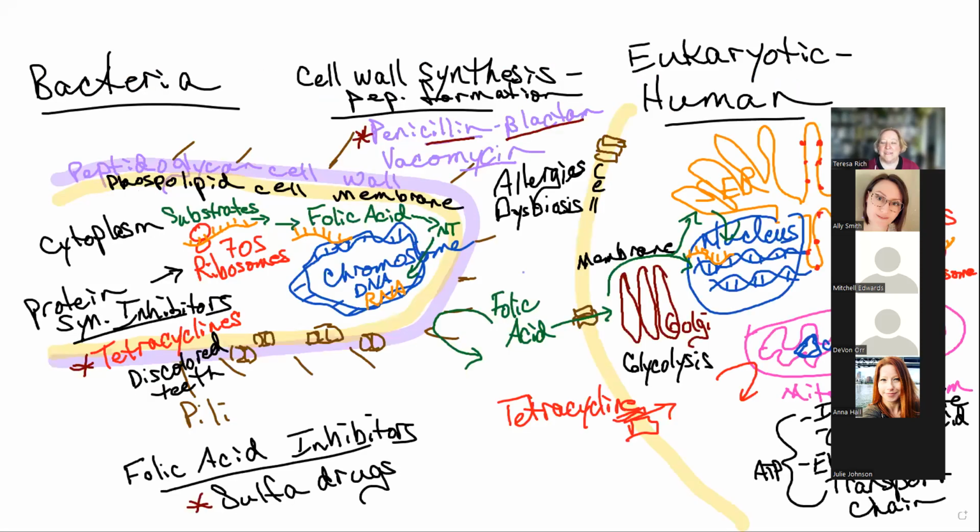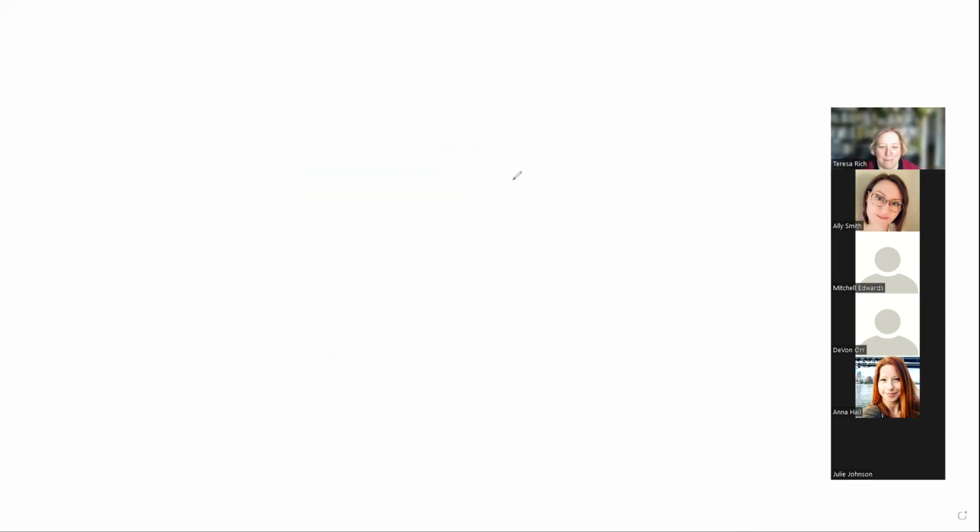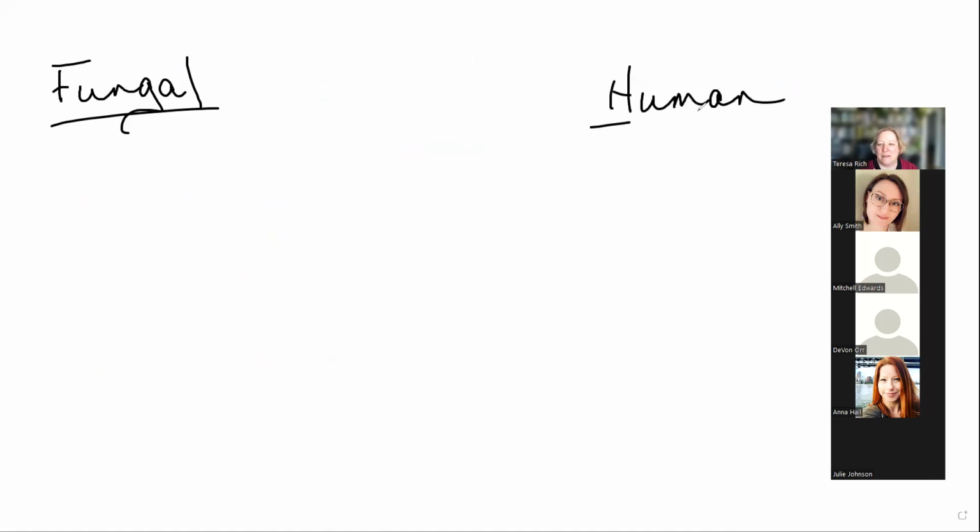All right, so I'm going to clear my drawings here, and I'm going to have you walk me through a fungal cell and a human cell. In this case, because they're both eukaryotes, humans are going to stand in for animal cells.